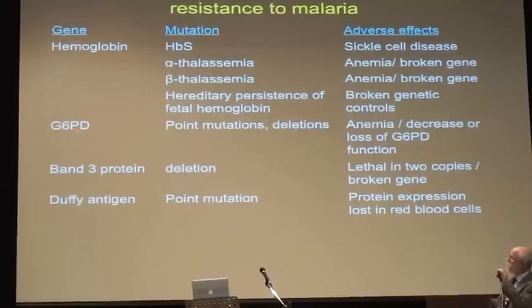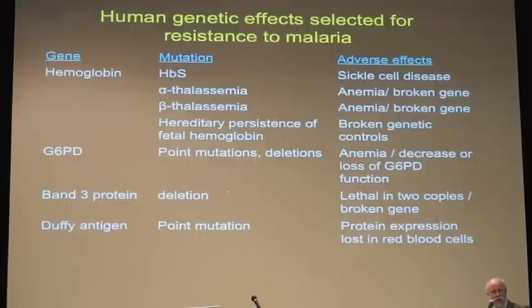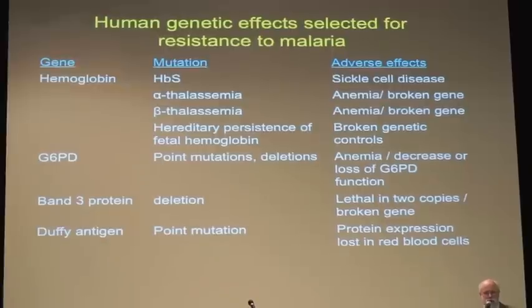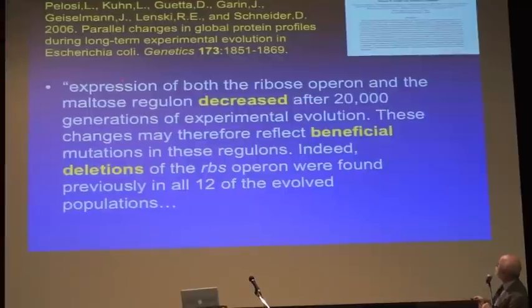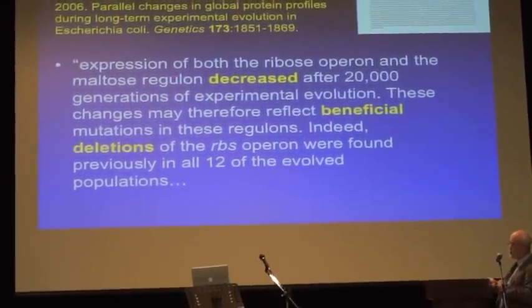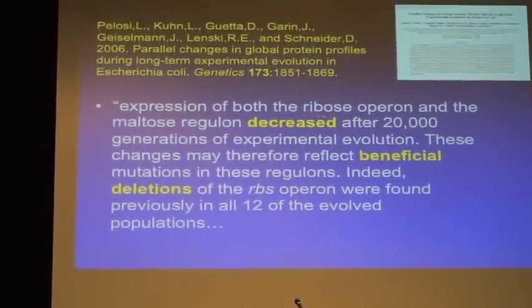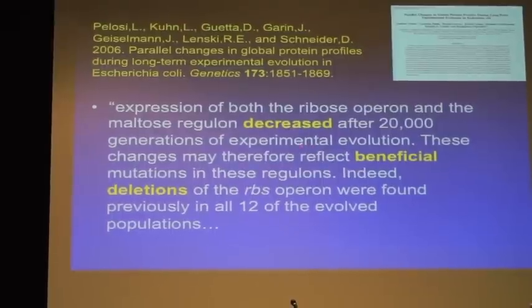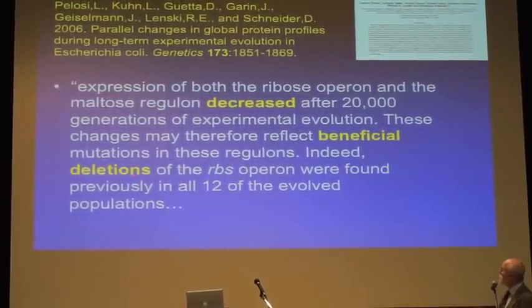Another gene called glucose 6-phosphate dehydrogenase, degrade it or break it or throw it out. That helps with malaria. And other systems too. Here are some stories from Richard Lenski's work. He reported that one of the most favorable mutations that he found was where something called the ribose operon, which has genes that code for something that makes the sugar ribose, were deleted.